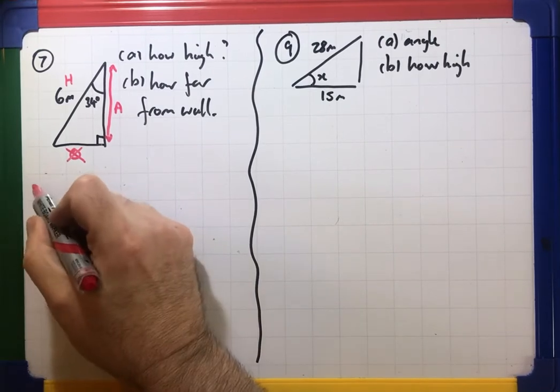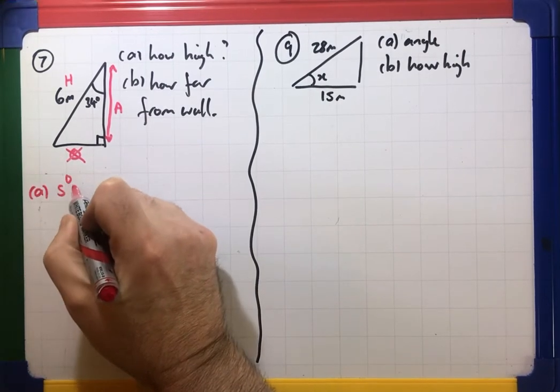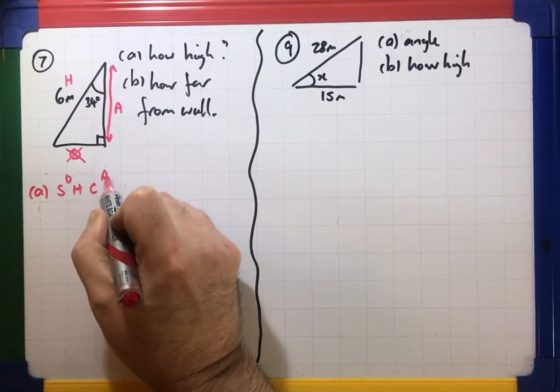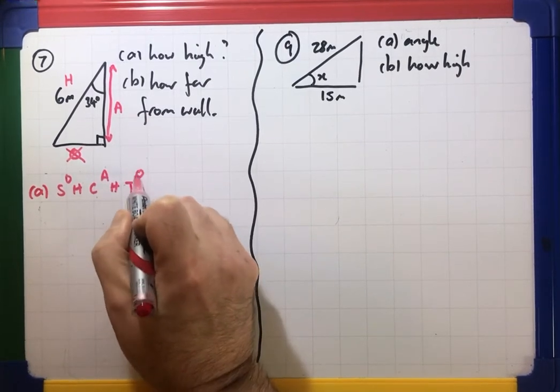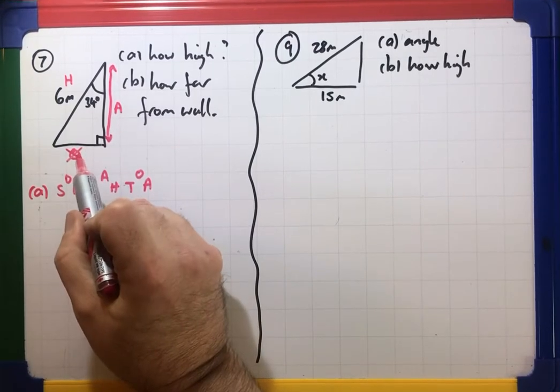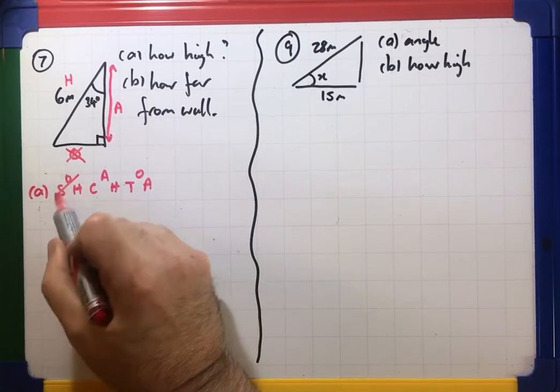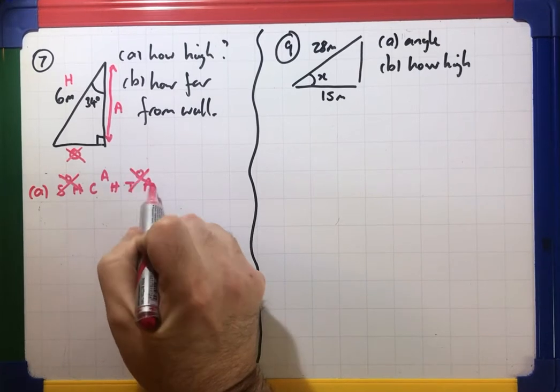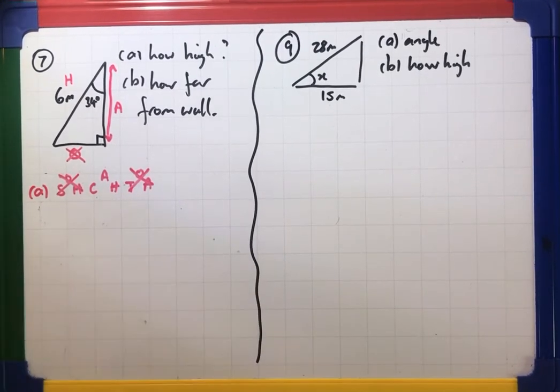So for A, I would start by writing down, remember SOH CAH TOA? Well, we don't want something involving the opposite. That one involves the opposite, that one involves the opposite. So we're left with CAH. Remember how we worked this one out?